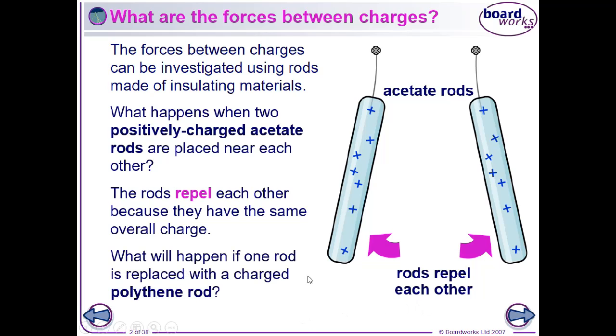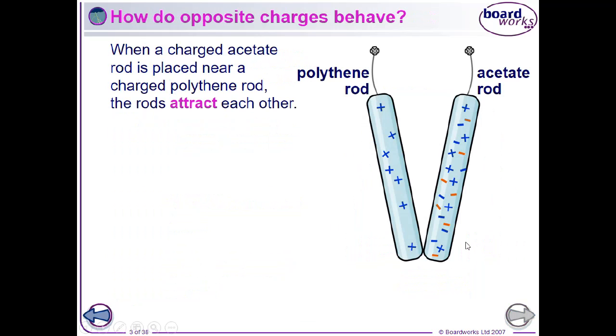So what happens if we replace one of these rods with a polythene rod? Remember, polythene gets negatively charged. So here we have a positively charged acetate rod and a negatively charged polythene rod. A positive and a negative charge attract.